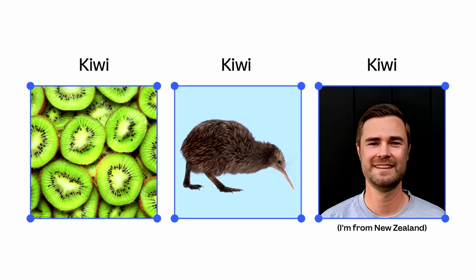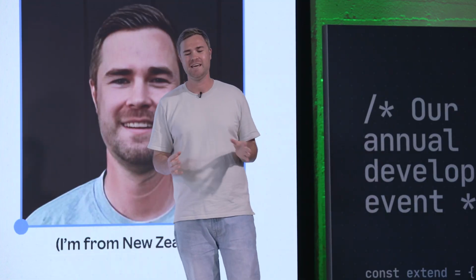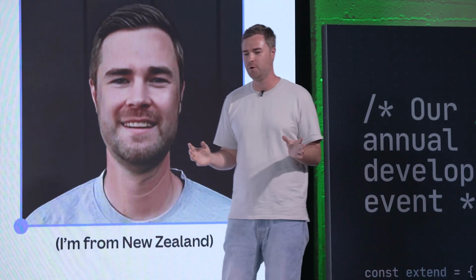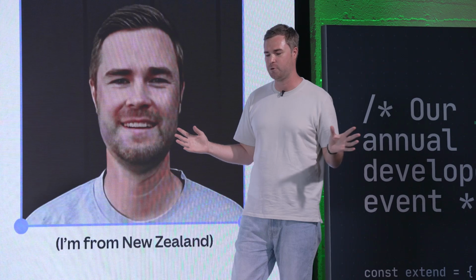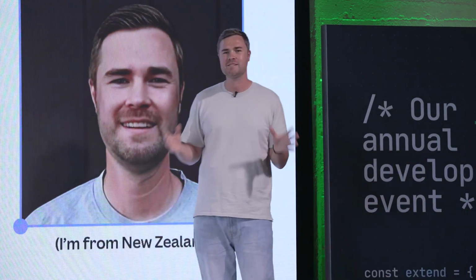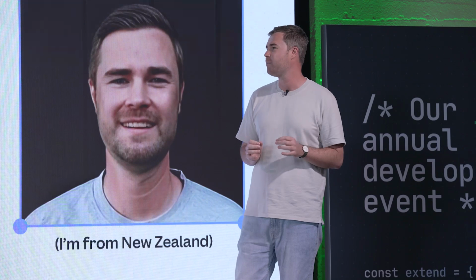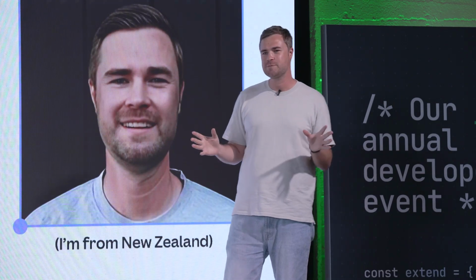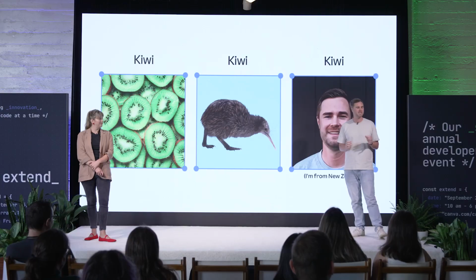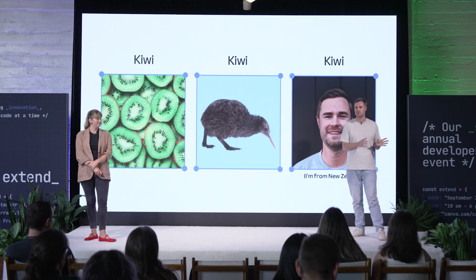Are you meaning the fruit, the bird, or me? Context matters, and in a limited UI with a global audience, that context isn't always clear. Now, I'm not saying you need to be boring. Some personality is great, but when you're building your app, really consider, could this be interpreted in another way? Is there a way I could make this more seamless?